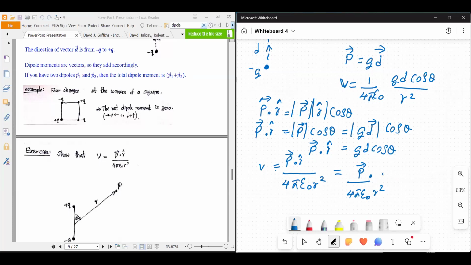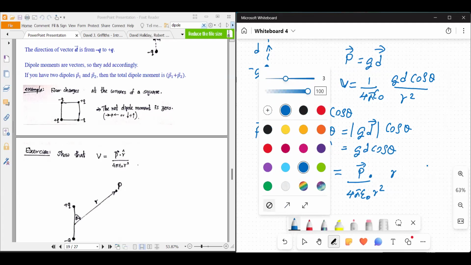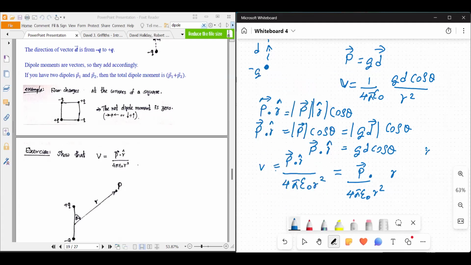So r unit vector, if we have a r vector, then, so r unit vector, if we have a certain vector r, then by dividing this vector by its magnitude, we can get the unit vector in that direction.